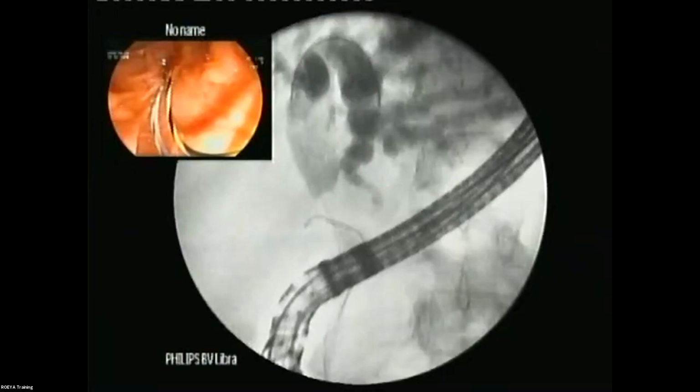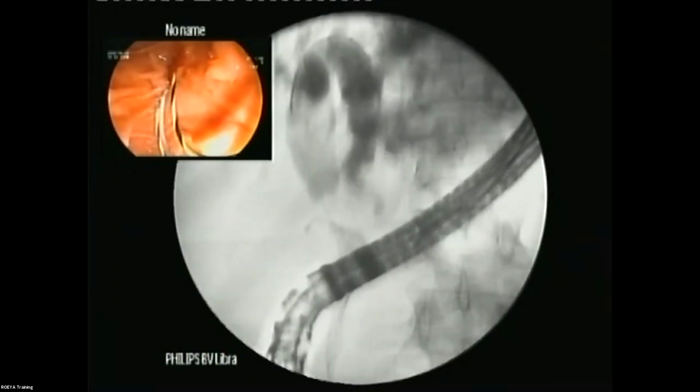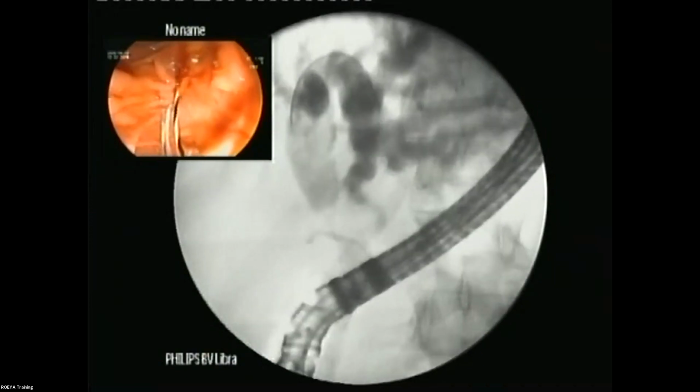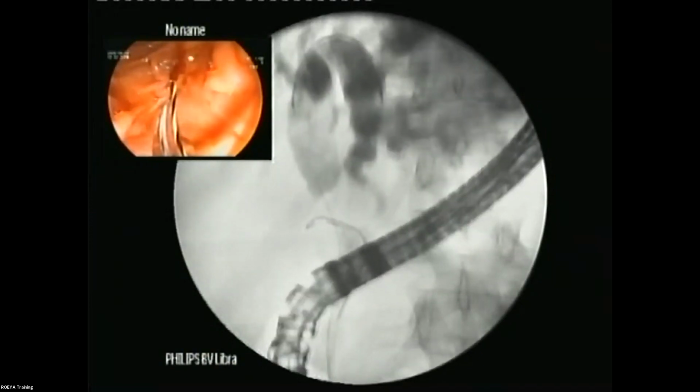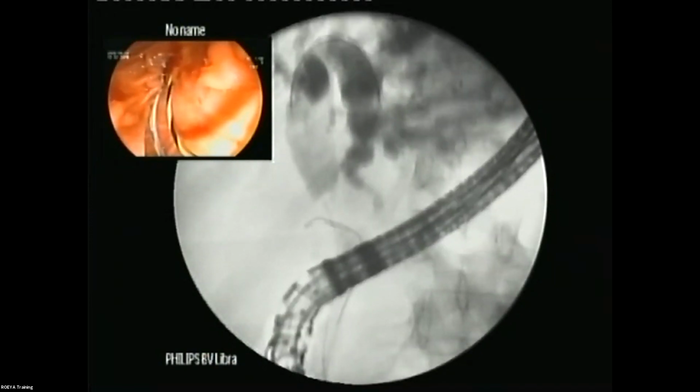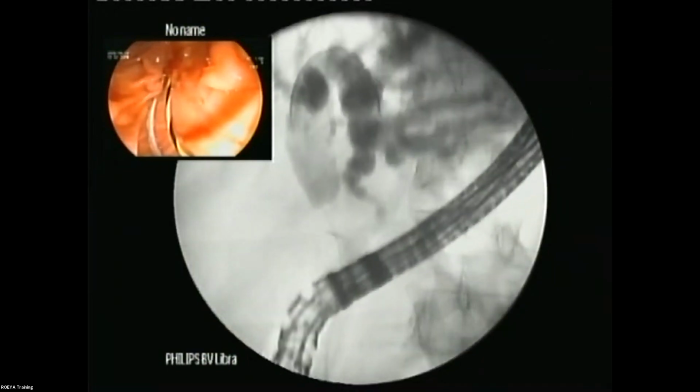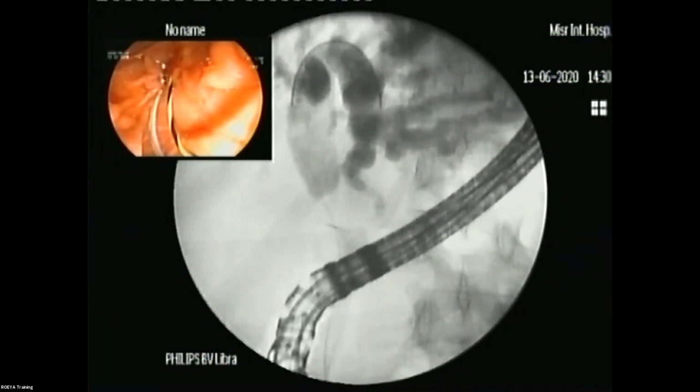Yeah, again, I think this is the important message in this part: we should not be overenthusiastic. If we cannot cannulate the right system, we still have good drainage of the left system with an uncovered stent, and the patient can benefit from another procedure tomorrow, a PTD, for the right system.